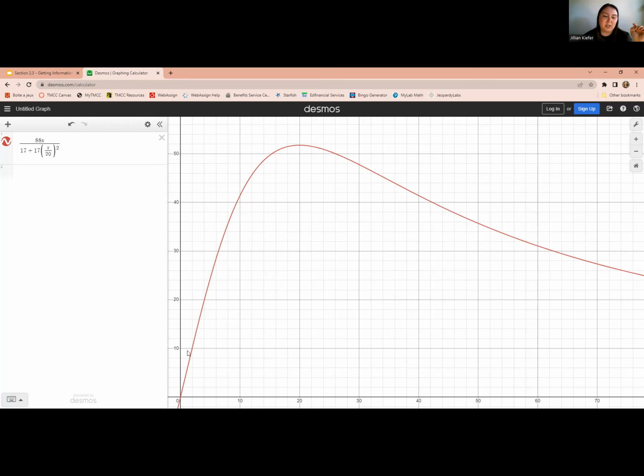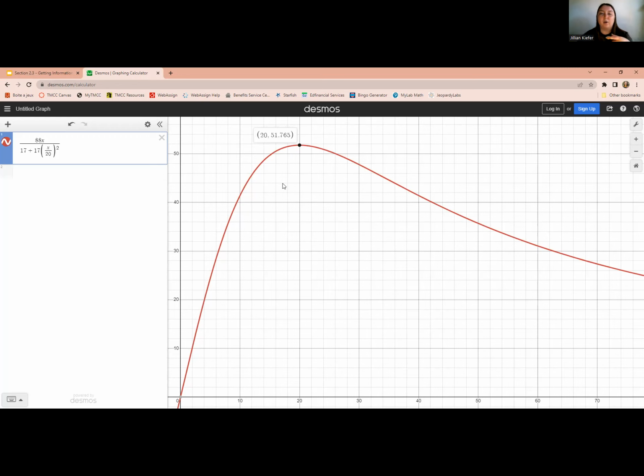So we see our function increases and then it stops and then it decreases again. So we have a hill here, and the highest point on the hill is the maximum value, which if we click on our graph is right there. The maximum value is the y value. So our y value in this case is 51.765.